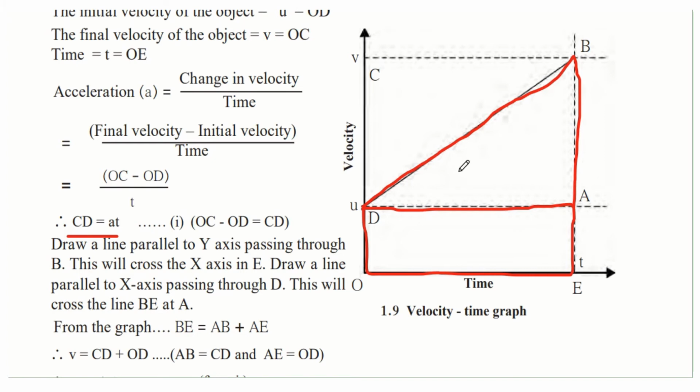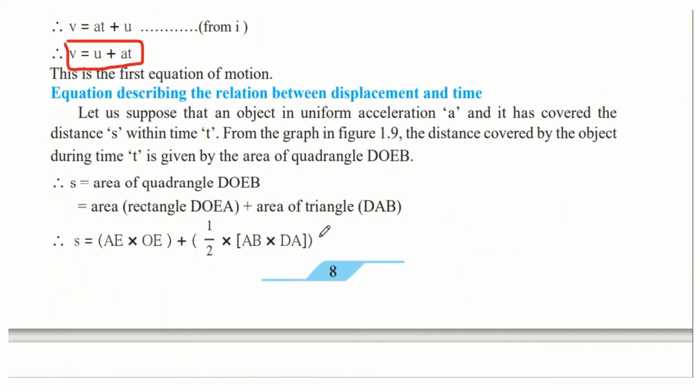So in this graph, it would be half into DA into AB. So we substitute these to get the equation: s is equal to AE into OE, which was the area of the rectangle, plus half into AB into DA, and this was the area of the triangle.